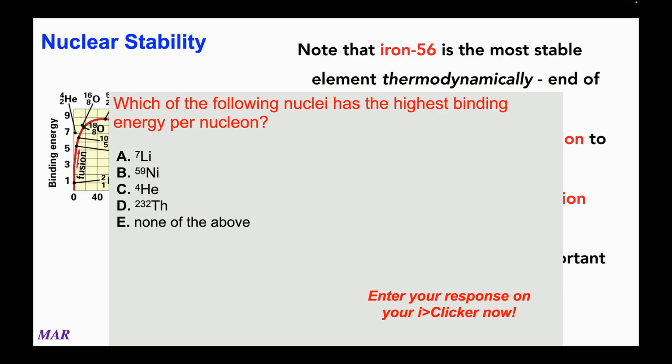However, if you have to guess, which is basically what I'm forcing you to do in this problem, you want to pick the element which is closest to iron on the periodic table. If you look at the periodic table, nickel is just a couple of elements away from iron, all right? You add a couple of protons and you'll turn your iron into nickel, or take a couple of protons away from nickel and you'll have iron. So the nickel probably has the highest binding energy per nucleon.